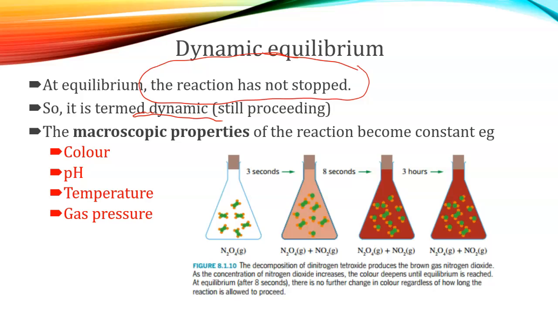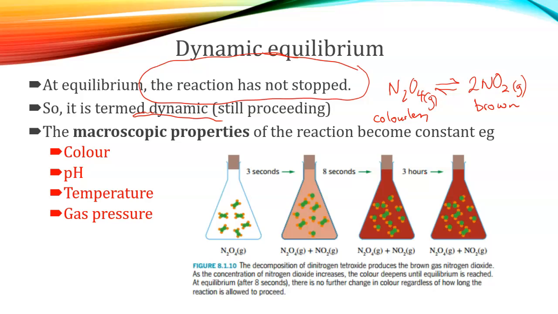So the example of the N2O4 in equilibrium with NO2 reaction. This system is very well known and very useful because NO2 is a brown gas, whereas N2O4 is colourless. And we can see in the pictures on this slide that initially we might start out with 100% N2O4 and the mixture inside the reaction vessel is colourless.